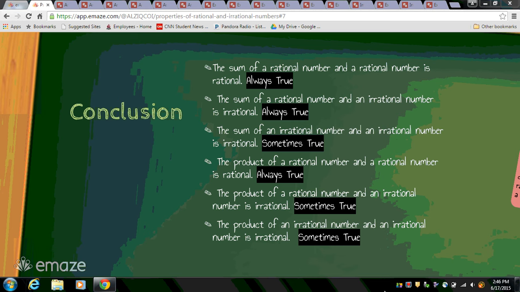If we multiply a rational number and another rational number, it will always be rational. If we multiply a rational number and an irrational number, sometimes it's irrational. And if we multiply an irrational number and an irrational number together, it is sometimes irrational.